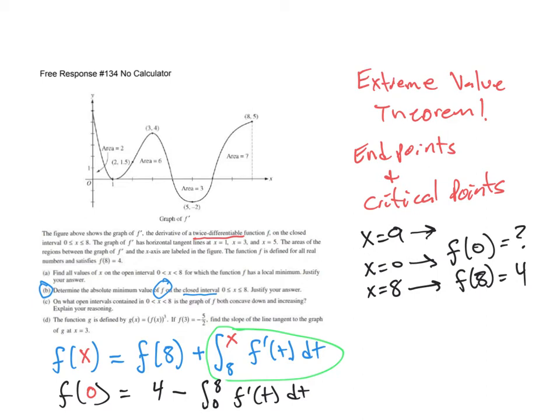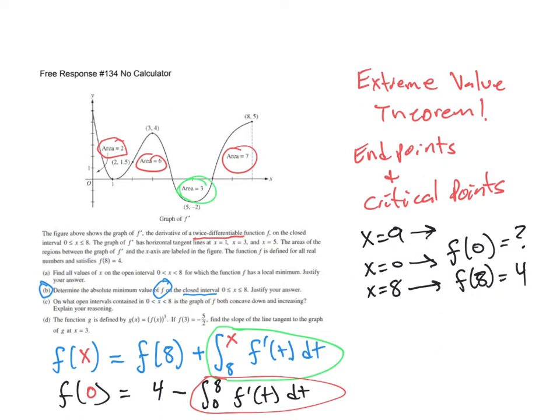Okay, so definite integrals aren't a big deal usually. This one's a big deal because we have no idea what f of t is. But we do know the areas. So remember that the definite integral of a function is just the area between the curve and the x-axis. So they've given us these areas. And what we're going to essentially do is just add those up. Now, be careful of this bad boy right here.